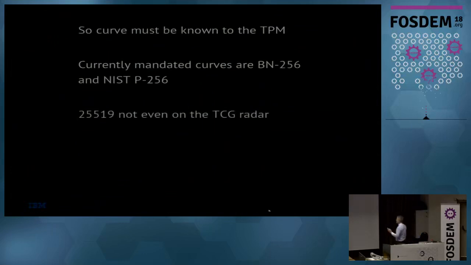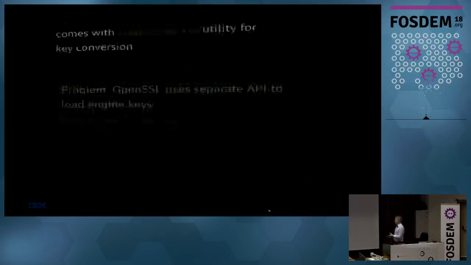But the point is that you have to use the mandated curves, otherwise you're not transferring your private keys into the TPM. And this is a bit unfortunate for a lot of us because the Bernstein curve, 25519, is actually the most popular curve in open source. And that's not even parameterized by the TCG. So it's not even on the TCG radar.